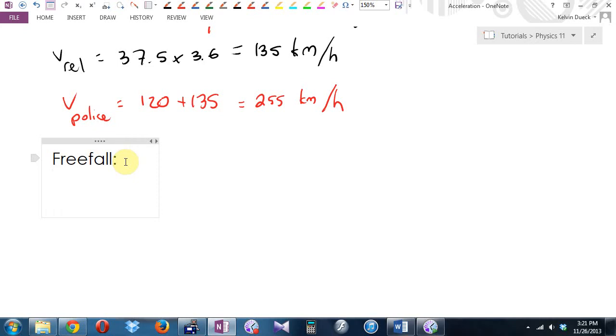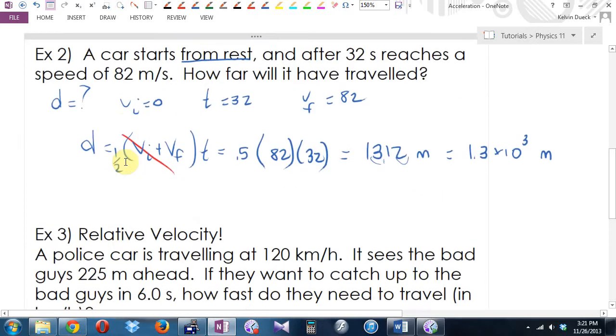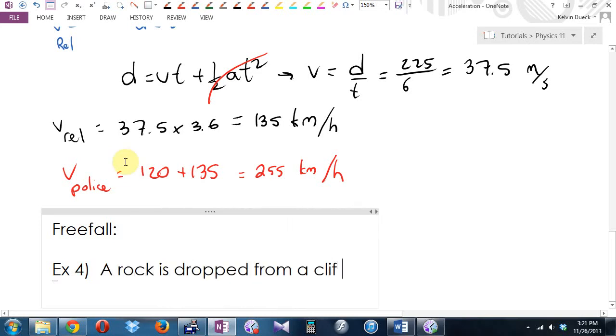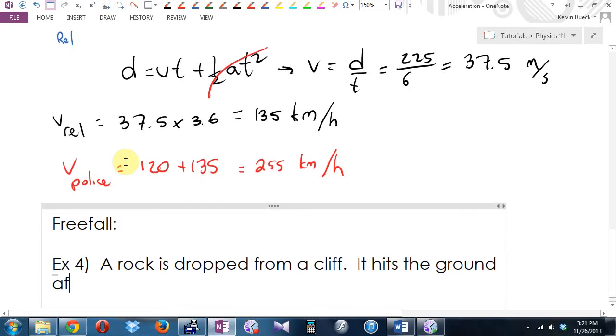So, stuff like this. Example, is this 4? Yeah, it is. Oh, 8.9 seconds.